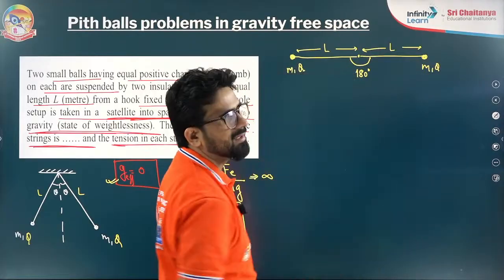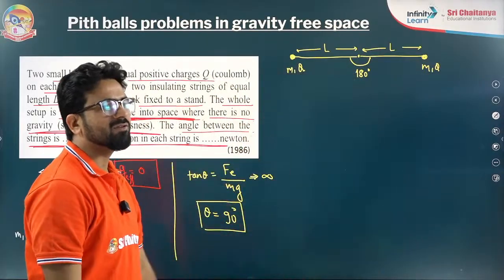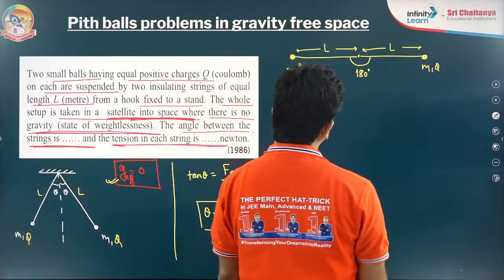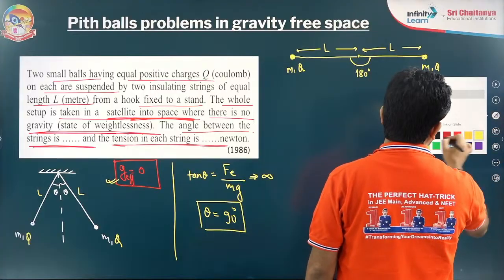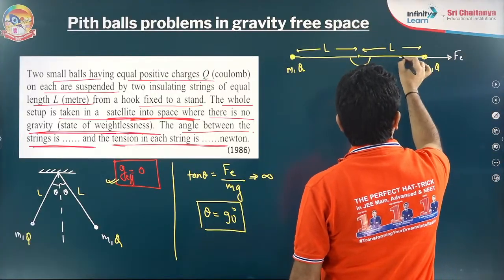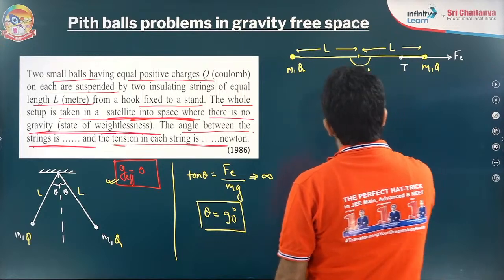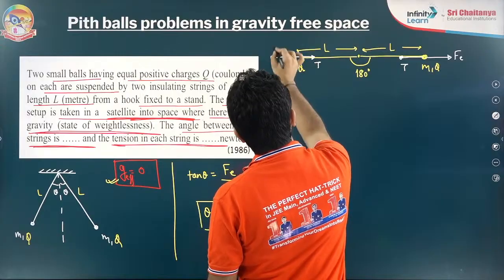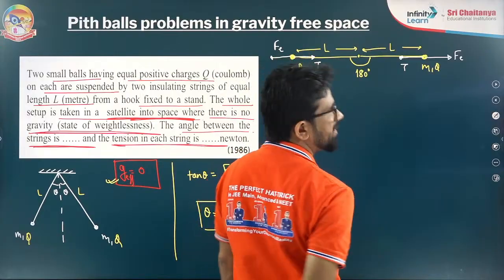Now they are again asking what is the tension. This question, the very first question we have solved in the last class. Now what are the forces acting here? Please check. Outward force would be Fe and inside force would be tension. Here also the same thing. So from anywhere you can calculate.